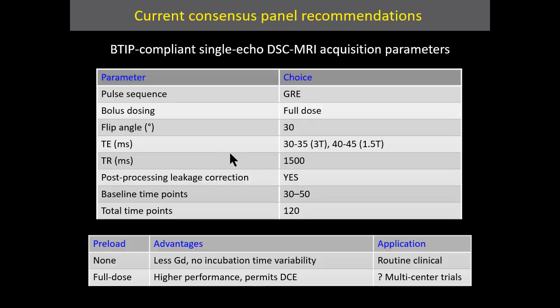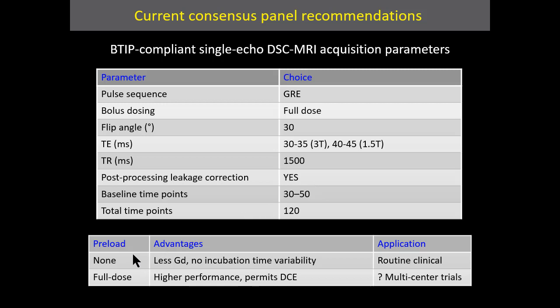So our current consensus panel recommendations for a BTIP-compliant single echo DSC scheme would include gradient echo DSC, full dose dynamic bolus with low flip angle, and field strength dependent choice of TE with post-processing leakage correction.